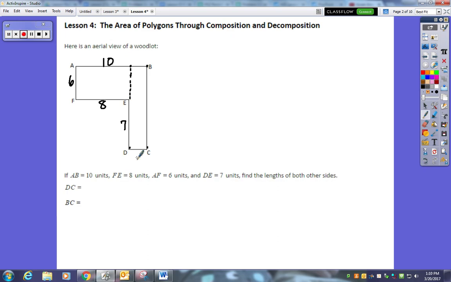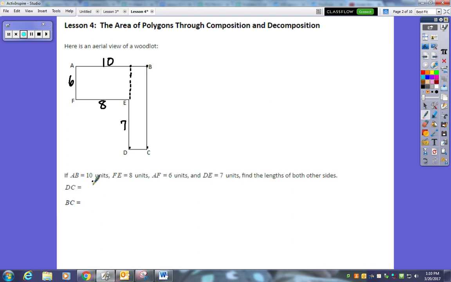Now, if you can see, A to B, the whole thing is 10, and the difference between this whole side and this little piece has to do with side FE. If I take 10, or AB's length, and subtract 8, or FE's length, the leftover will give me DC, because this from here to here, plus this small little piece here, which is this to this, or this to this, would give me that small length.